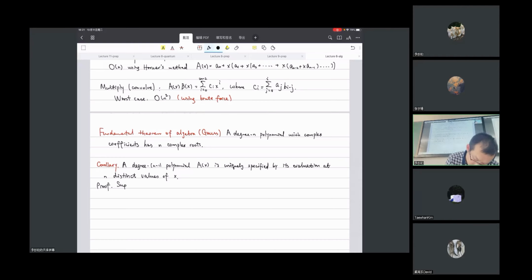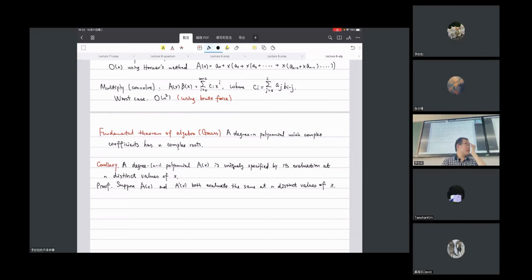Suppose A(x) and A'(x) both evaluate the same at n distinct values of x.